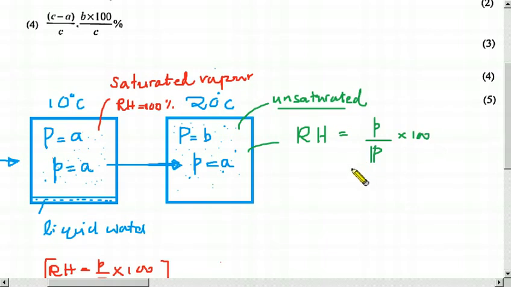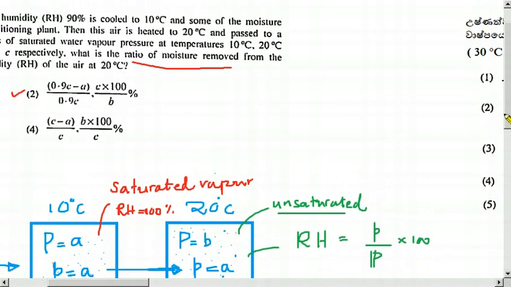So small p is small a, then the maximum pressure it would be if it is saturated is capital P, so it is equal to small b, so they have given, we have to take it as it is, b times 100. So this is the only thing we have to do. So this is the relative humidity. 100 times a divided by b.